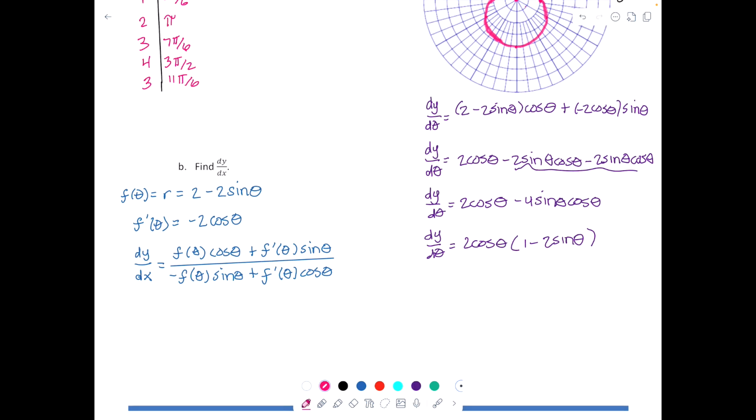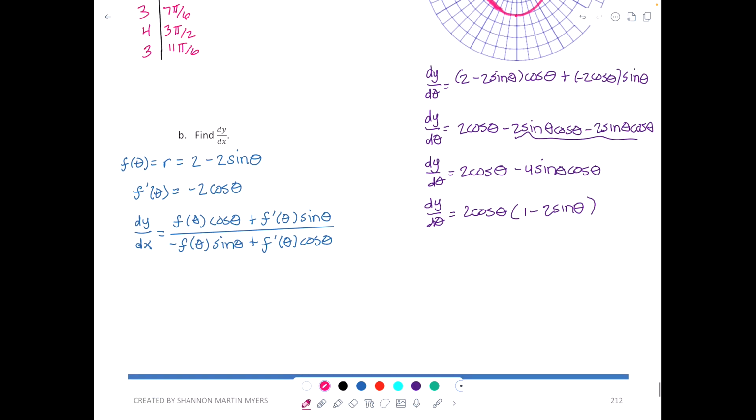Now, dx d theta is going to be equal to 2 minus 2 sine theta times sine theta, and that was a negative, and then plus negative 2 cosine theta from f prime times cosine theta.